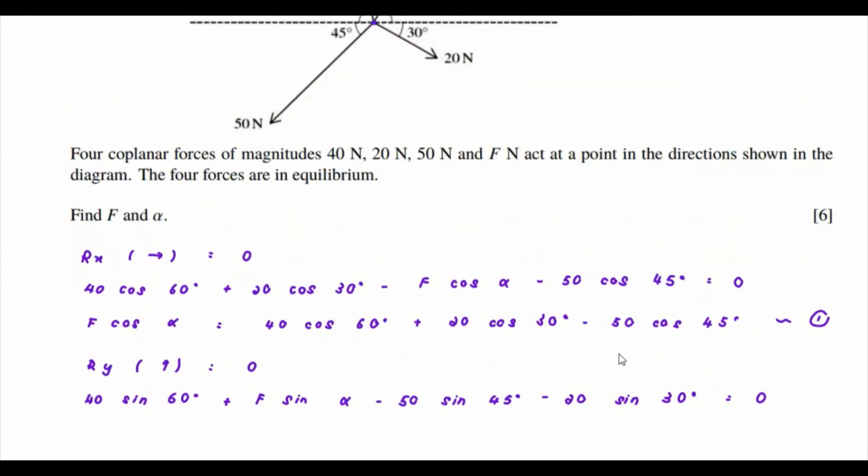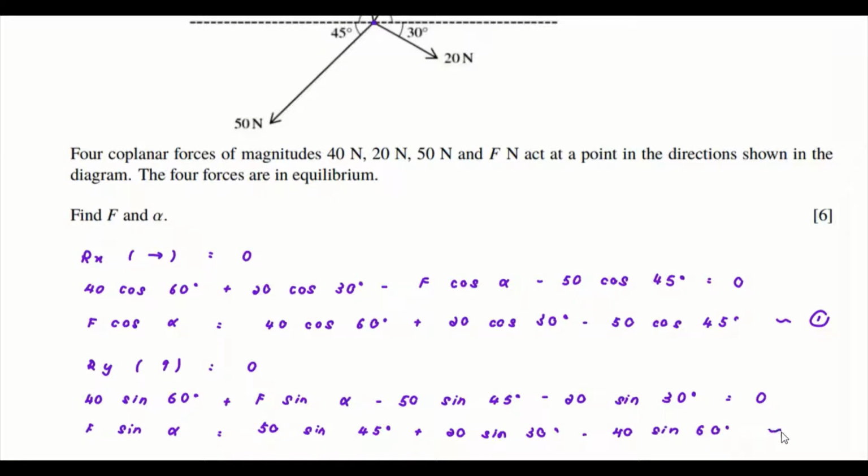Same as equation 1, let's arrange our unknown at the left hand side. So F sine alpha will be equal to 50 sine 45 plus 20 sine 30 and minus 40 sine 60.